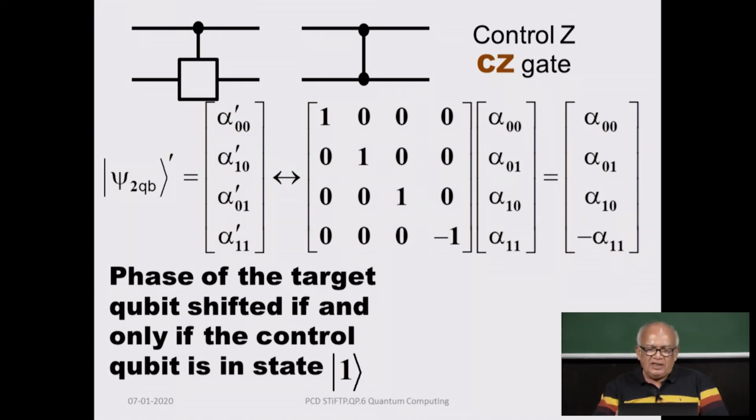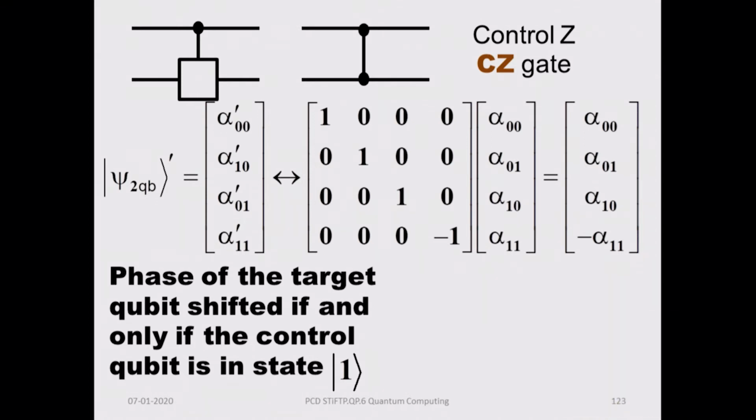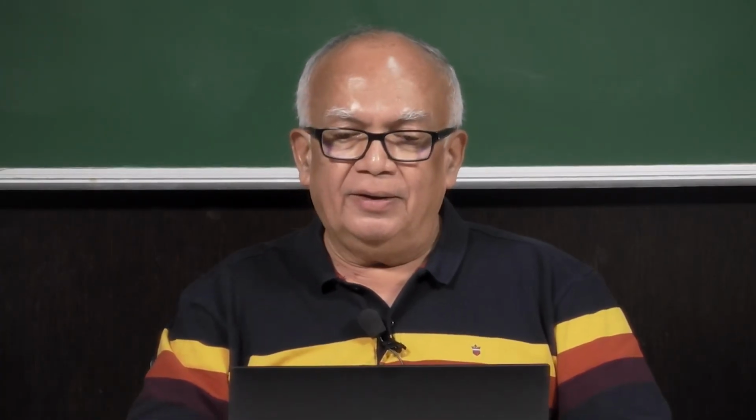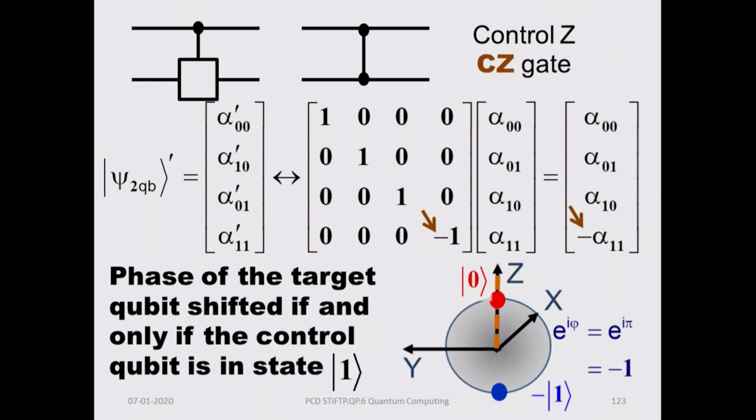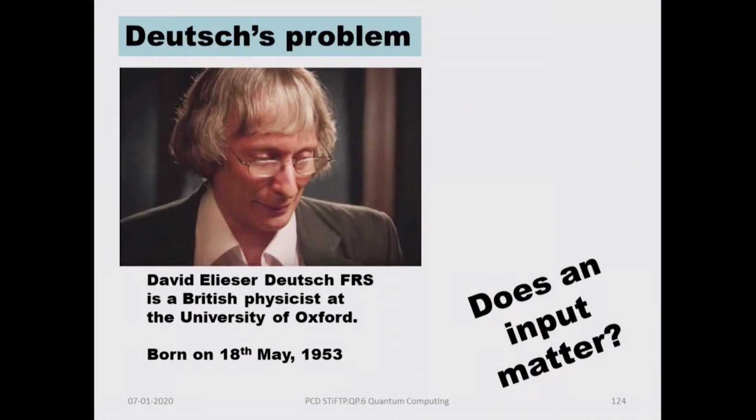But now the effect is different. What it is going to do is to change the phase of the target gate subject to that condition. In the control NOT, it inverted the target gate subject to that condition. In this case, it is going to change the phase. So, you pick up a minus sign and see that basically you have got the number 1 along the diagonal, except that in the 4th row, 4th column, it has a minus sign. So, it changes only that sign, it does not do anything else. Okay. So, this is the control Z gate.